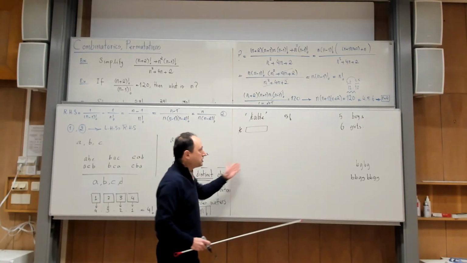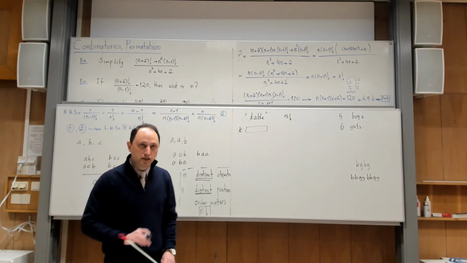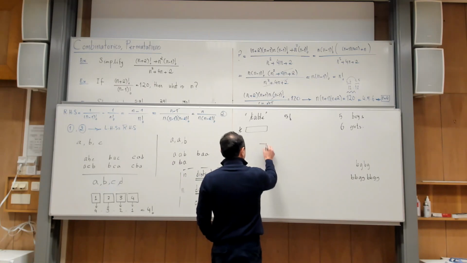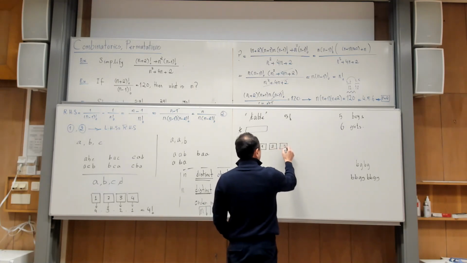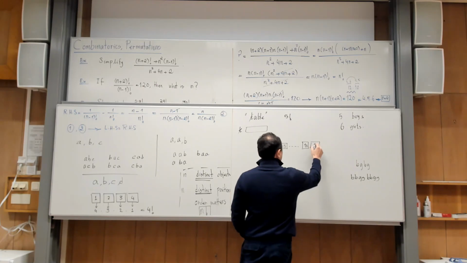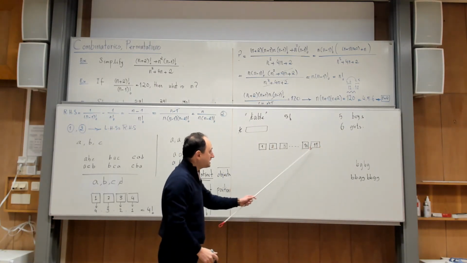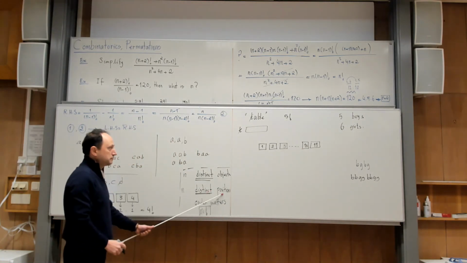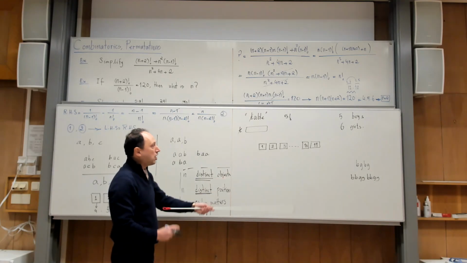How many locations do I need for putting them in a queue? 11 positions. I need 11 positions, because I have 11 people. You can imagine it in this way: you have 11 distinct positions, and you want to fill up these positions with 11 objects.